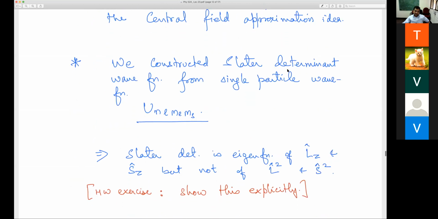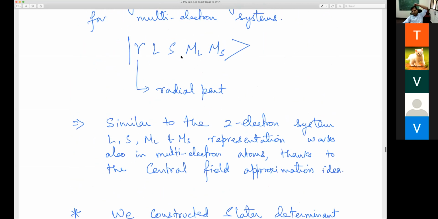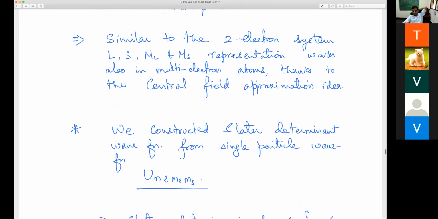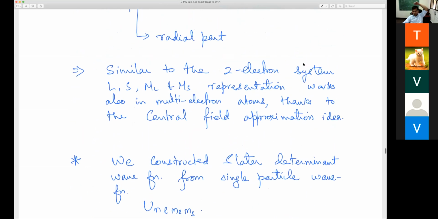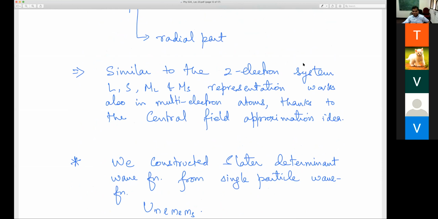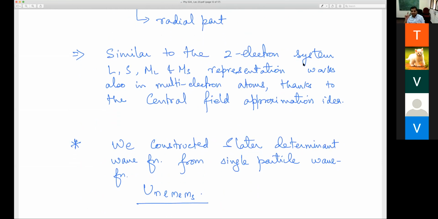Okay. And now you know that these are the good quantum numbers for multi-electron systems. So then I can start constructing the Slater determinant, etc. Okay. Now we have a problem. And the problem is the following. Remember, when we constructed the Slater determinants, we used the single particle wave functions, right? So u were functions of n, the single particle energy levels, l, the single particle angular momentum eigenvalue, m_l, the single particle L_Z operator eigenvalue, and m_s, the single particle spin eigenvalue, etc. Right?